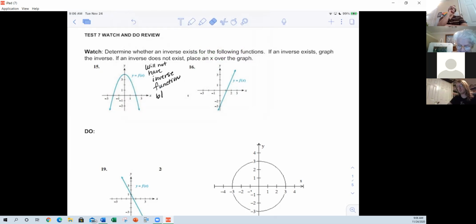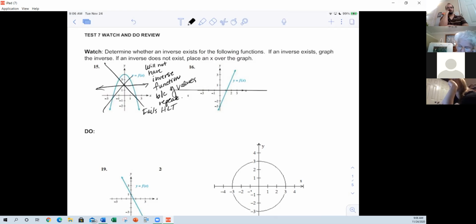Right, there you go. And the test that you could use is called the horizontal line test. So it fails the horizontal line test. So we put an X over that.